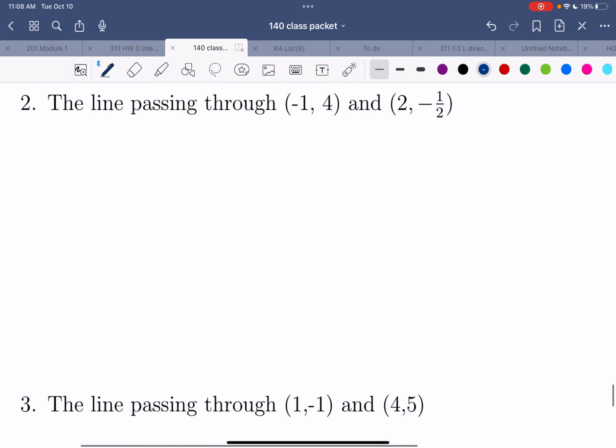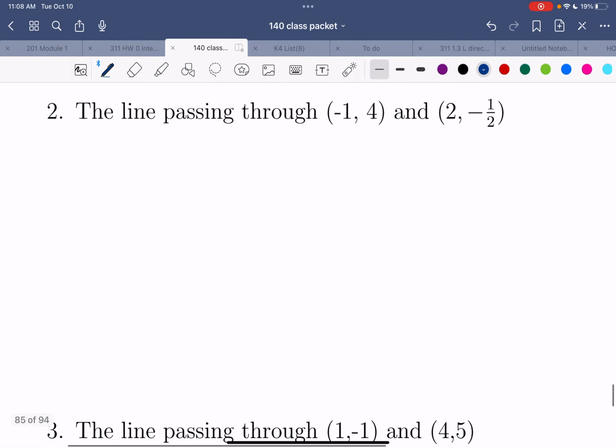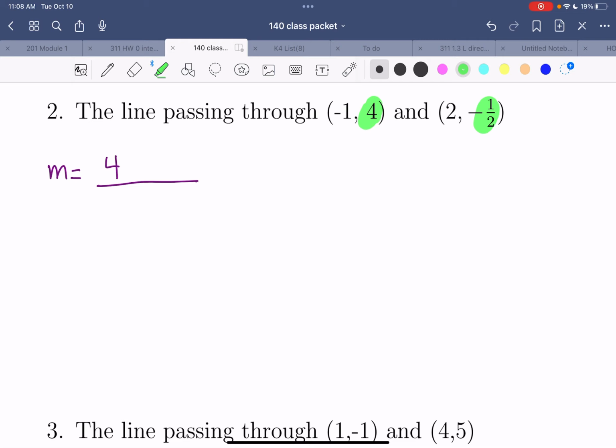Then we want the line passing through 2 points for number 2. So the first thing I'm going to have to do here is calculate the slope because I don't have one. So let's see, I want the change in y. So I'm going to take the 4, so I'm taking these two: 4 minus -1/2. On the bottom, it's these two, the -1 and the 2.